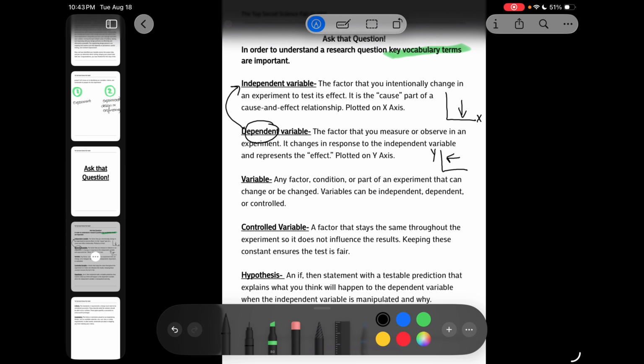We want to control all the other potential factors that could be changing in our experiment to isolate and make sure that we're only testing one so that we can be sure that the watering schedules are what's actually determining or causing these changes in plant growth. So this is how we ensure that our experiments are credible.